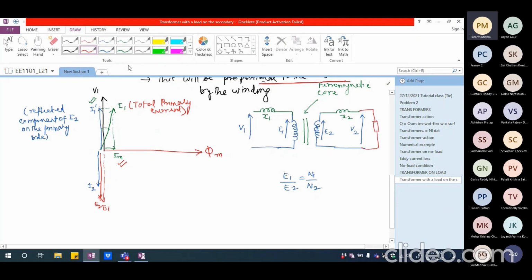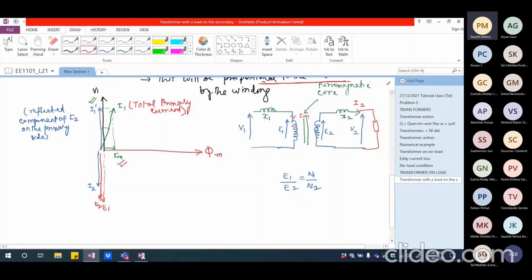So what is flowing here? I may call this I2. And what is flowing to establish this flux, I call that IM. And what is actually reflected from here? If I write here, that should be I2 dash.